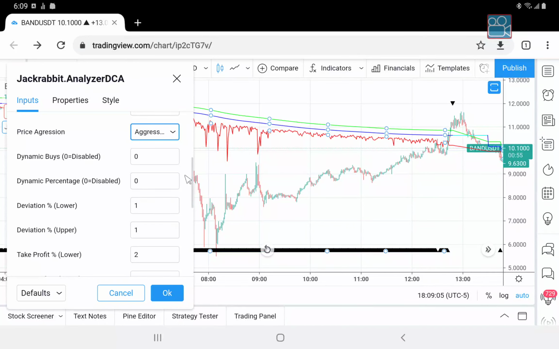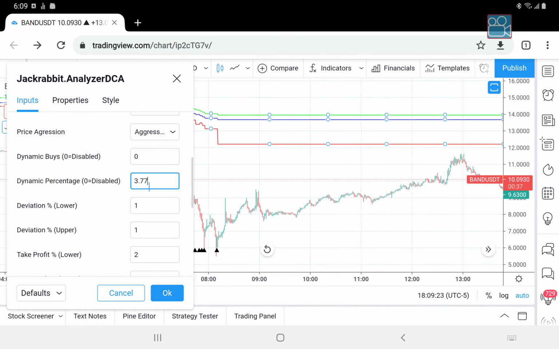First of all, the first thing I'm going to do: if the price is this far away from the average line, as soon as it's outside this boundary, go to defensive. Boom. Right away, instant change.